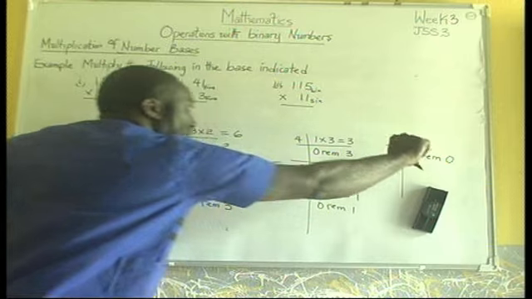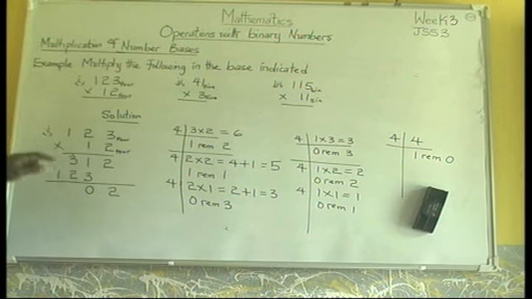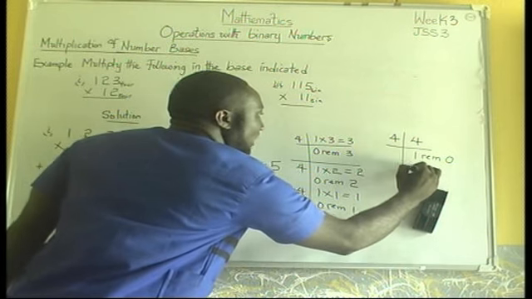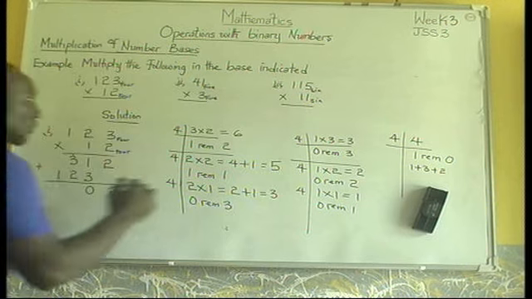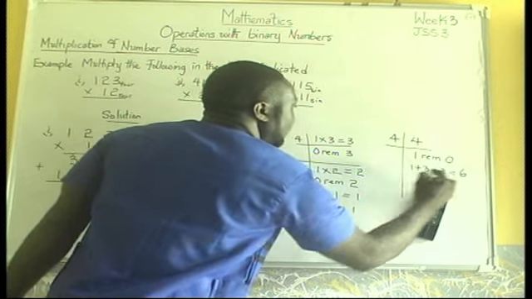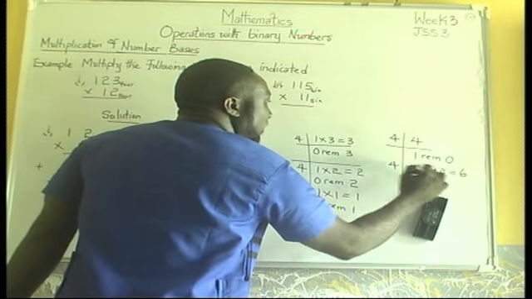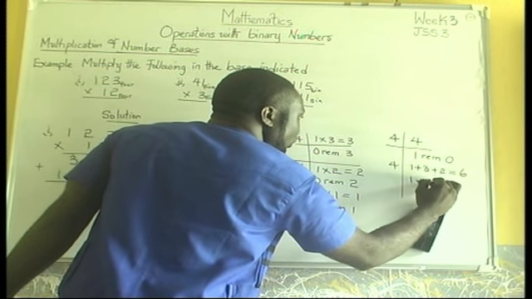Then this one now, bring it here, which is 1 plus 3 plus 2, which is equal to 6. Let's operate it. 4 in 6 is 1, remainder 2.